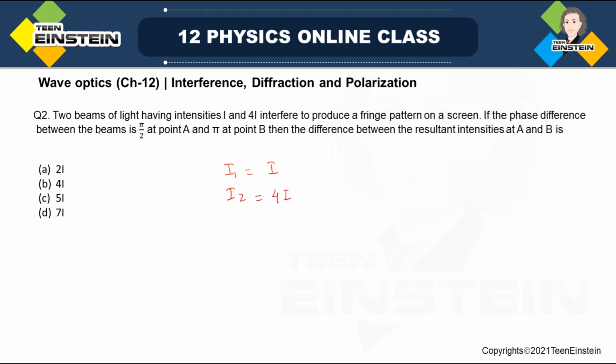If the phase difference between the beams is pi by 2 at a point A and pi at point B, then the difference between the resultant intensities at A and B will be how much? You have to find the resultant difference. Okay, so we'll solve this question.